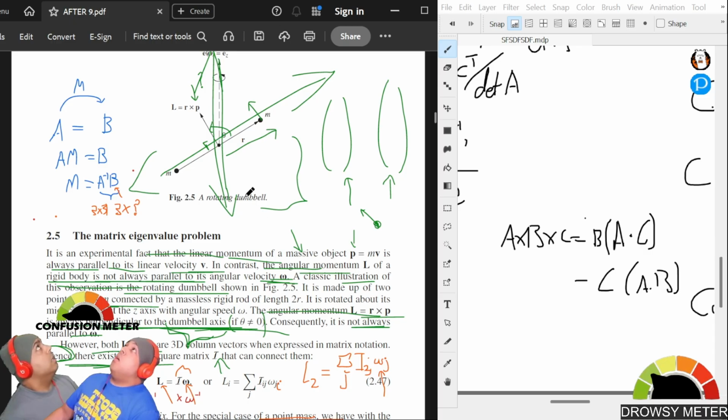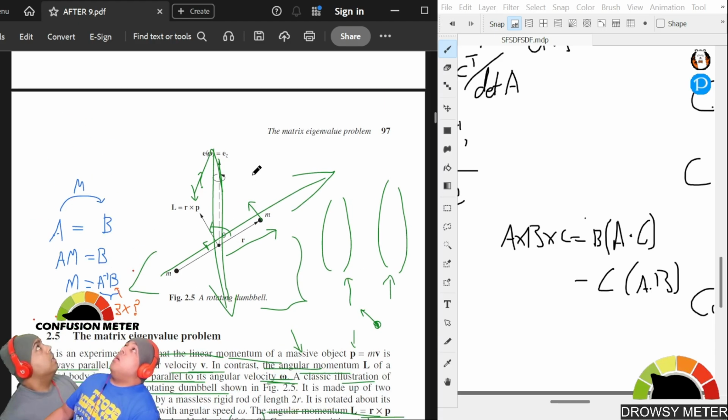So if theta is 0, L is not perpendicular to the dumbbell axis.